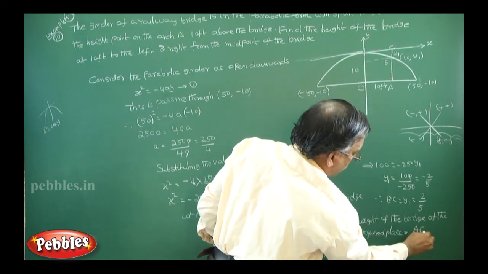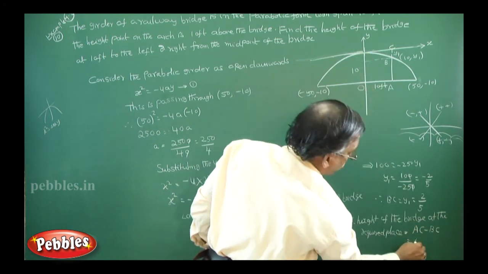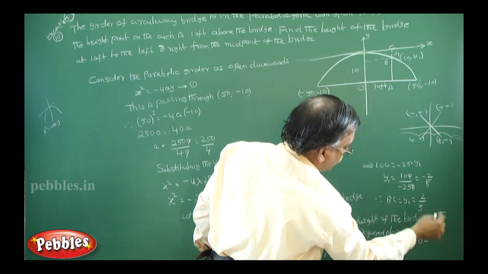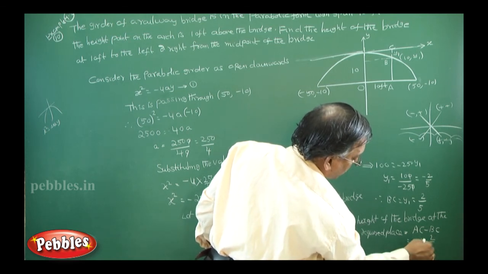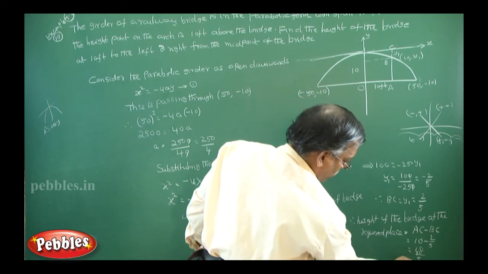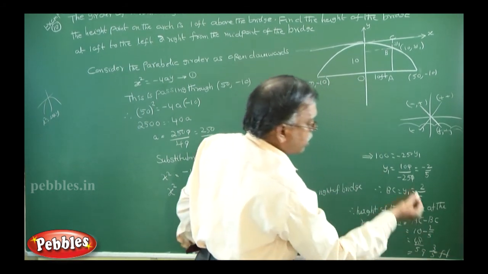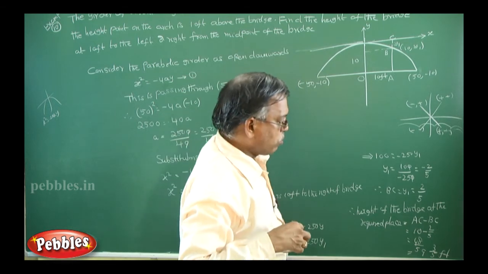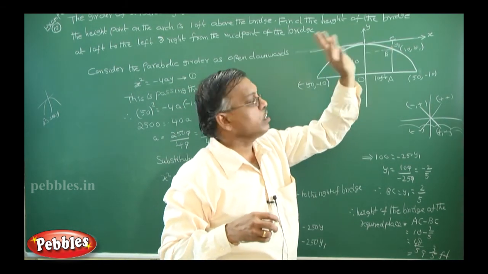So AC minus BC. What is AC? Nothing but 10 feet, minus, what is BC? Right now we found 2 by 5. So it becomes 50 minus 2, if I take the LCM, 48 by 5. So in your textbook they gave 9 3 by 5 in the mixed fraction. So that is your answer. 9 3 by 5 feet is the height of the bridge at the required place.